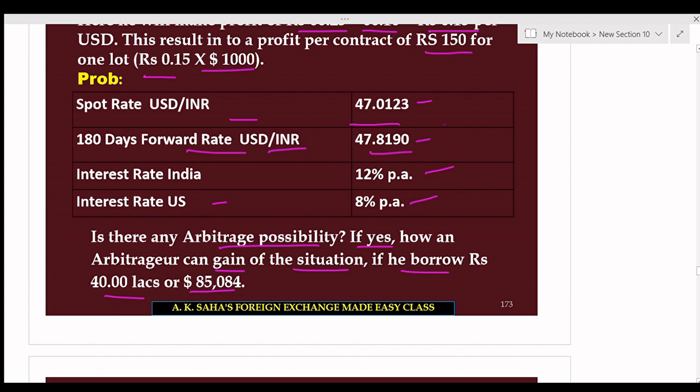If this forward premium rate is higher than the interest differential, that is 4%, 12% minus 8%, then the arbitrage opportunity exists. Or if it is less than the interest rate differential, then also an arbitrage opportunity exists.